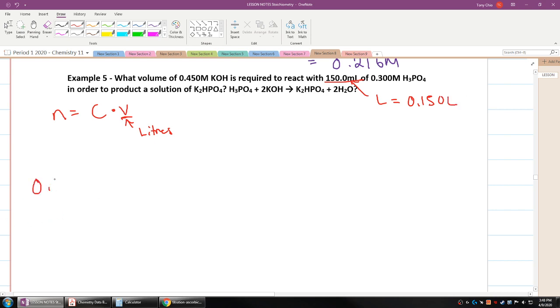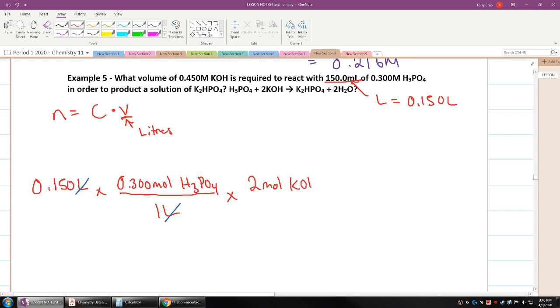So you have 0.150 liters times your concentration, which is 0.300 moles of H3PO4 over 1 liter. That cancels your liters, and now you're in moles of H3PO4. Cross your mole bridge of 2 moles of KOH over 1 mole of H3PO4, phosphoric acid. Your moles of phosphoric acid cancel out, and now you're in moles of KOH.